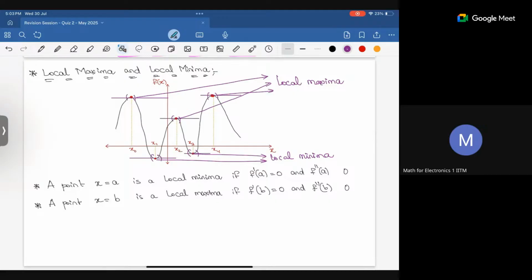Right? So once the derivative at that point is 0, that will be one condition for local minima and local maxima. Along with that, how do I differentiate local minima and local maxima? I will compute the double derivative and see the sign at those points. Can somebody say for local minima, my double derivative value should be equal to 0, greater than 0, or less than 0?